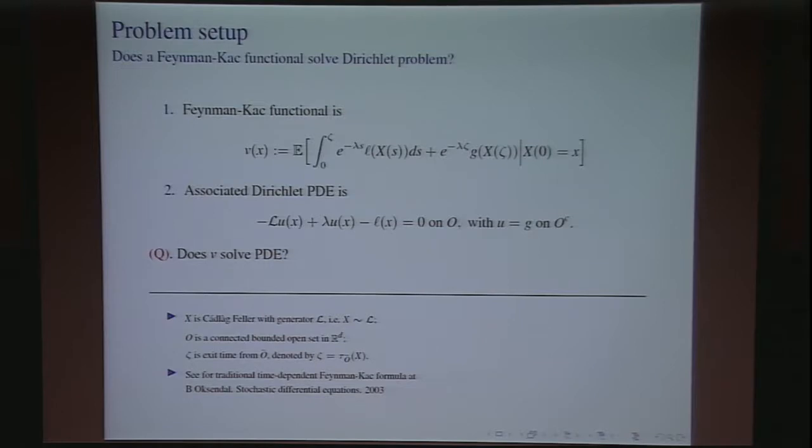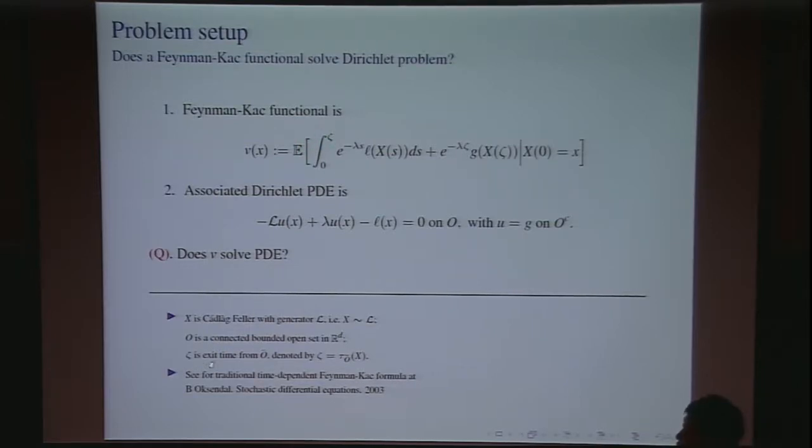Of course, we have to specify what X is. In general, we want to cover all Feller processes with generator L. Thanks to Professor Roger Lee, who introduced the Levy process and then Markov process with jumps, all kinds of things will be included here. And what is the terminal time, the maturity?